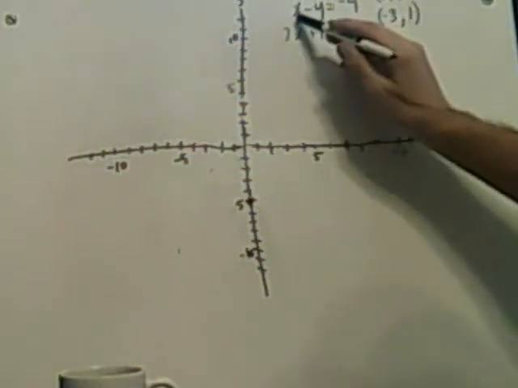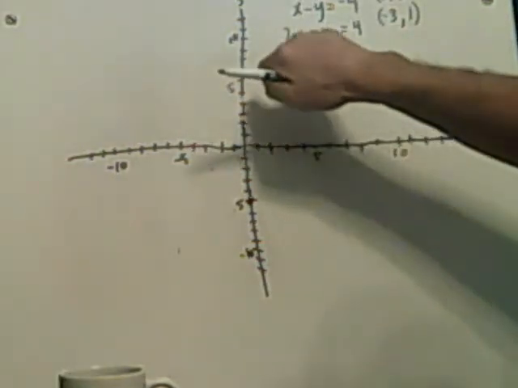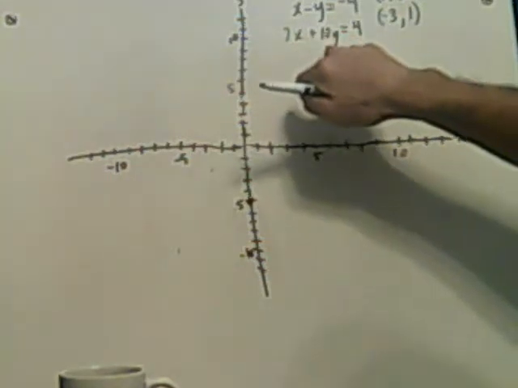And what they ask is to determine if this -3, 1 is a solution to this system. So what we're going to do is plug it in. On the first equation, -3 minus 1 is -4. So it is a solution to the first equation. On the second equation, that would be -6 plus 10 equals 4, and that is also correct. So this is a solution.